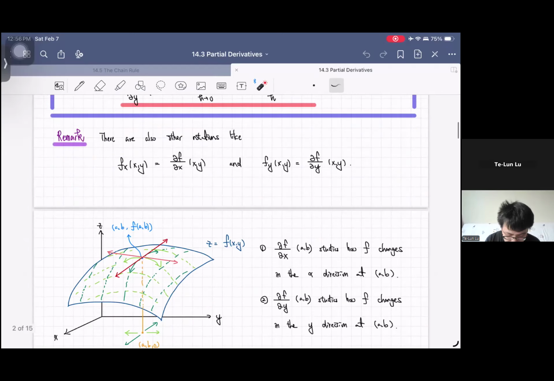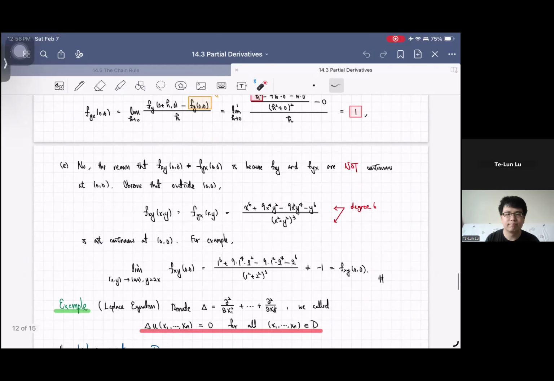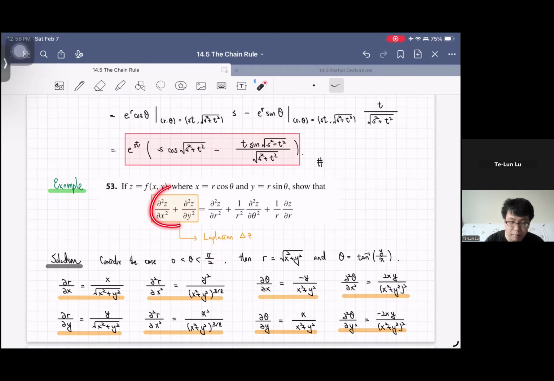Let me see, it's in some example here. Yeah, so I defined it to be the sum of each second derivative with respect to each coordinate. In this case, we're simply considering the case where n is 2, dealing with two-dimensional functions. And we're saying that it can be reduced into the differentiation with respect to r and theta in terms of this guy, and this guy.